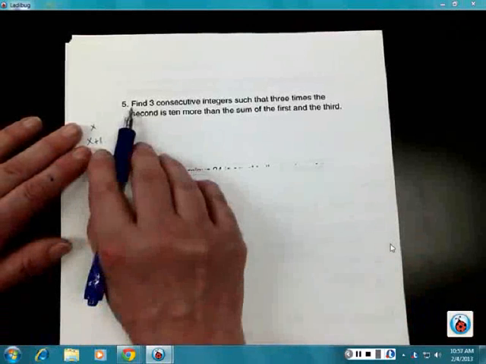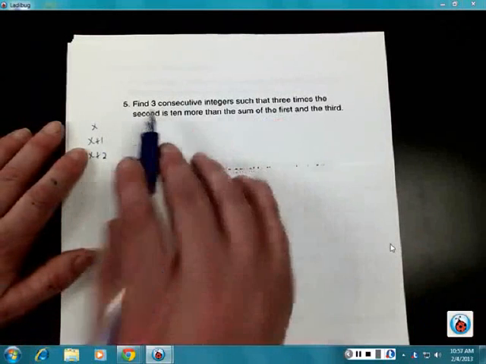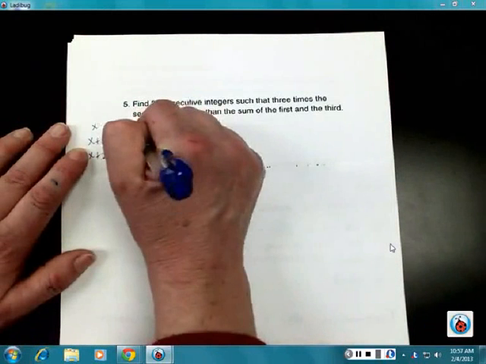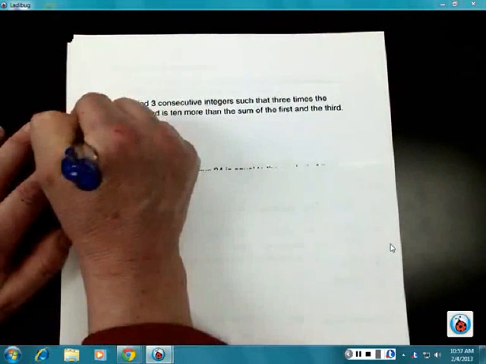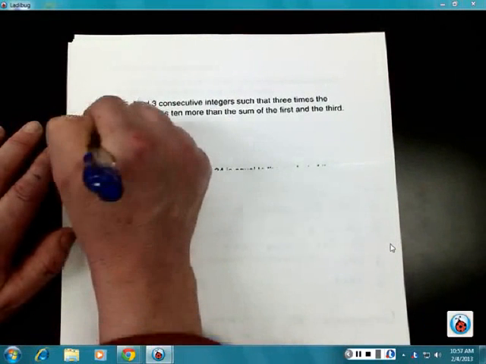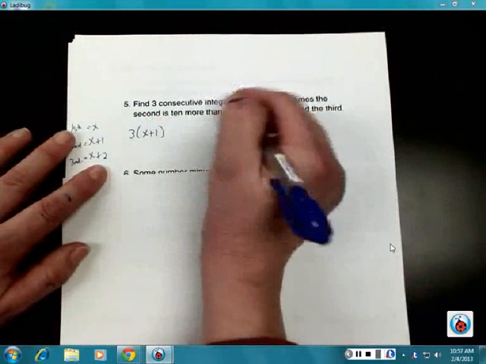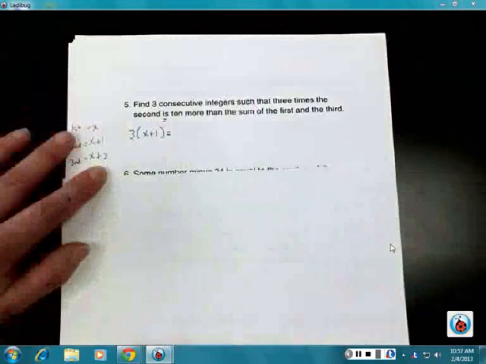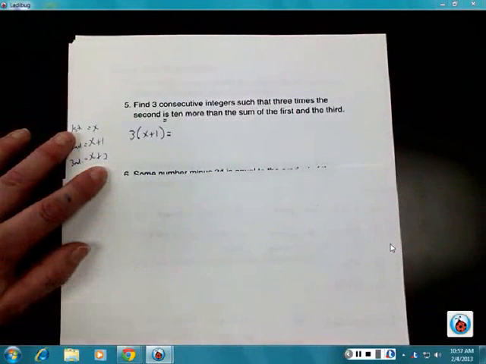If 3 consecutive integers are such that 3 times the second, so what's my second integer? X plus 1 is my second. This is my first, second, third. 3 times the second is, and beware of that, is means equals, 10 more than the sum of the first and the third.